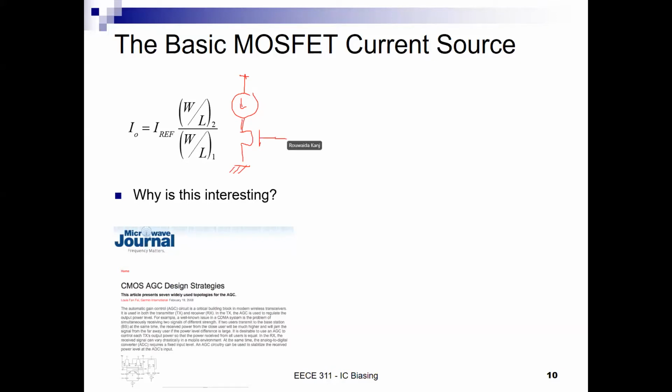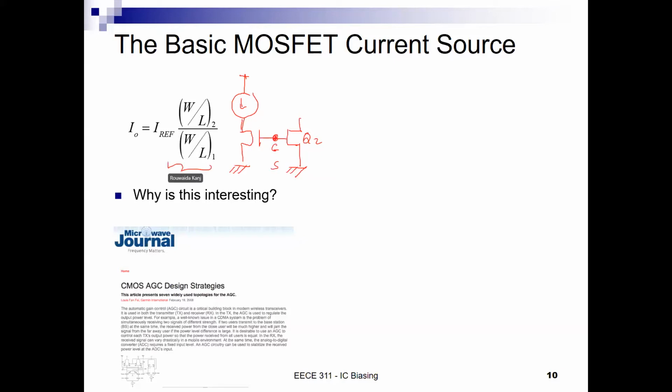And anytime I want to mirror the current into a certain branch, I need to put a transistor Q2, sharing the same gate to source voltage, and I can mirror the current times the width ratio.